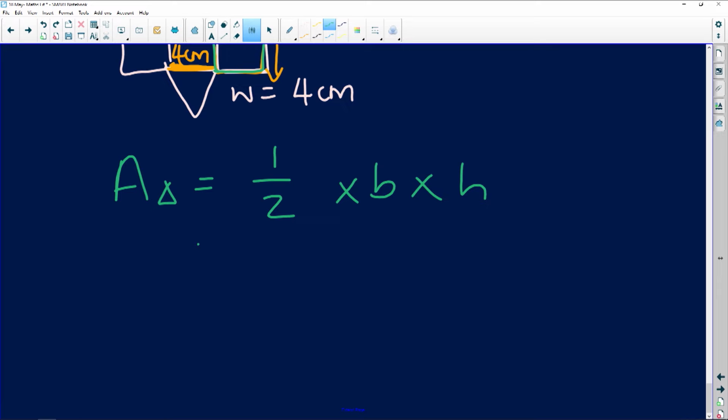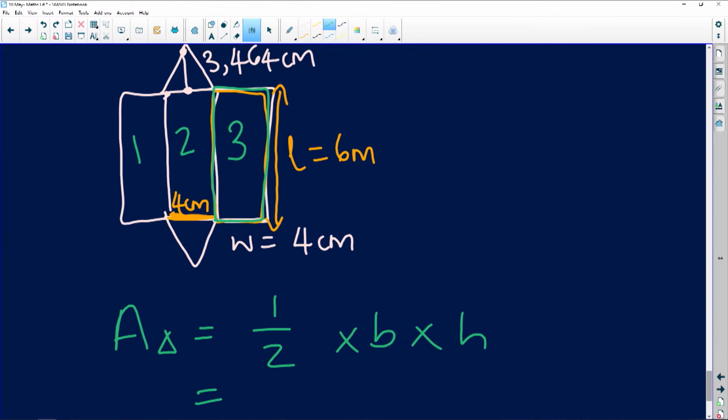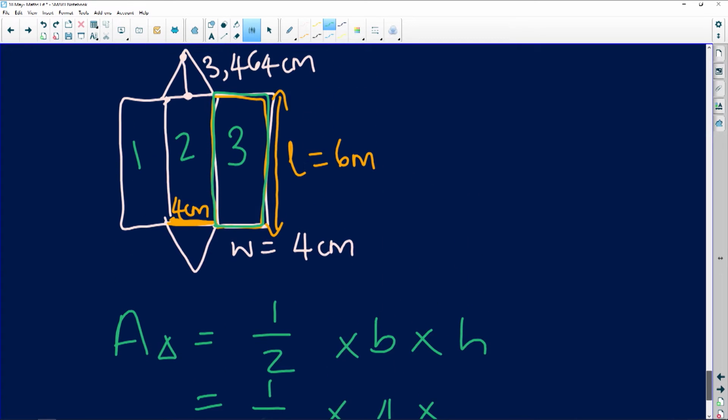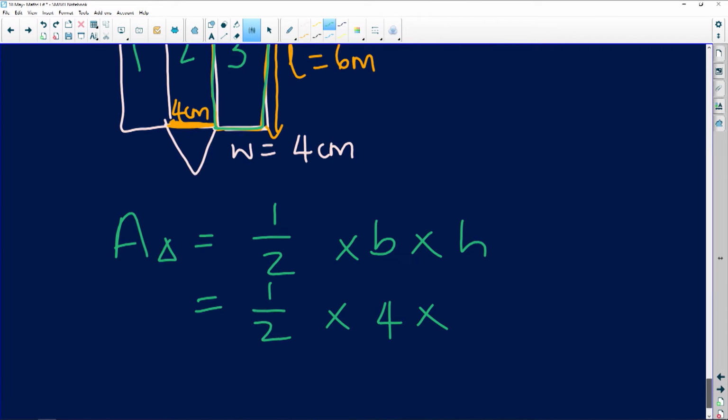Have I been given all of that? Of course I have been. Let's go up and see. There, I've been given that my base is 4. So that's going to be half times 4. And then the height that I have been given is 3.464.